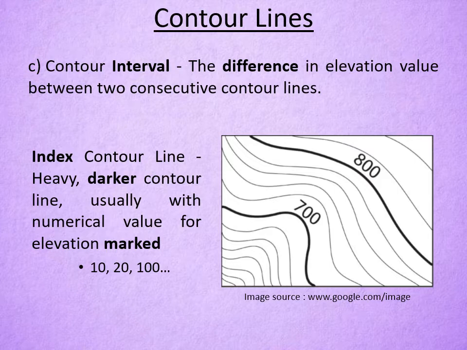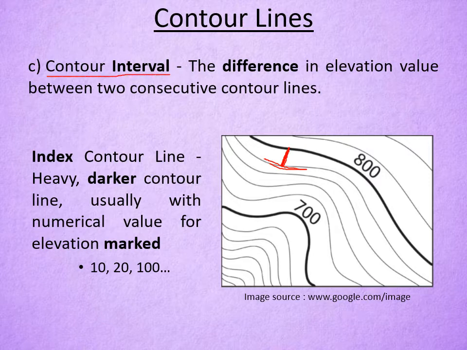The distance between two successive contour lines, say for example, here you can see the value of 800 on this bold contour line and the immediate next contour line, say for example this one. The distance between these two contour lines is known as contour interval.